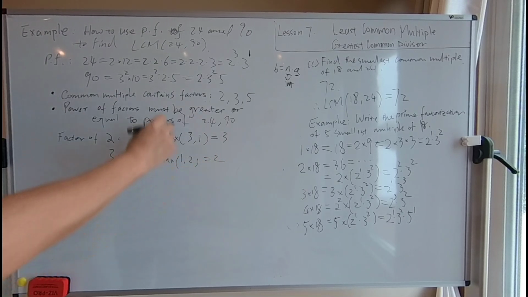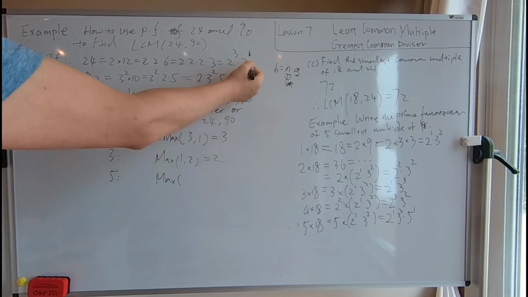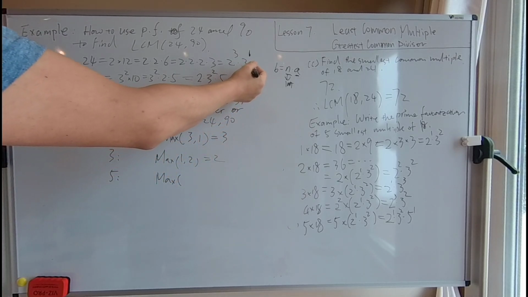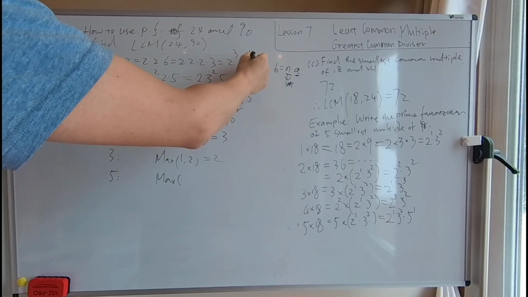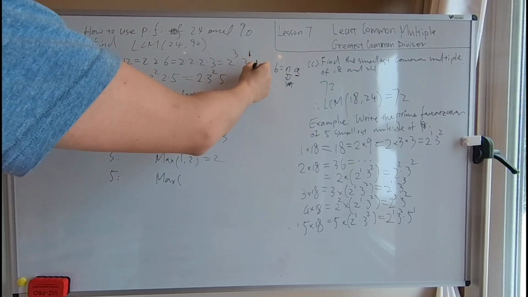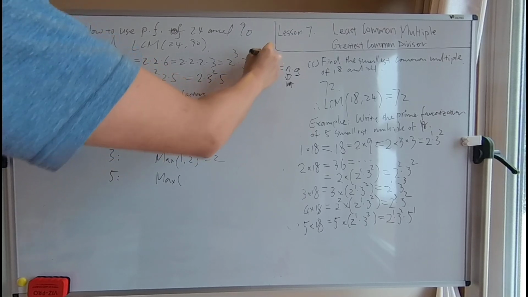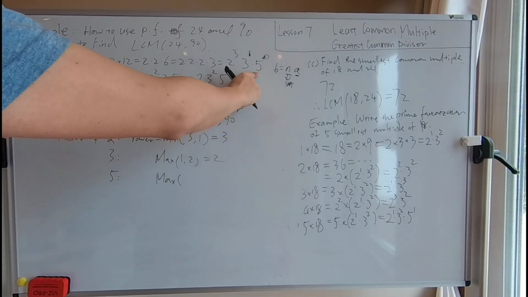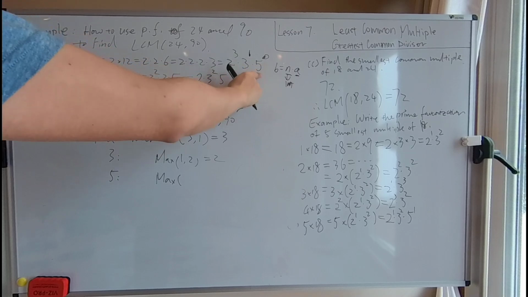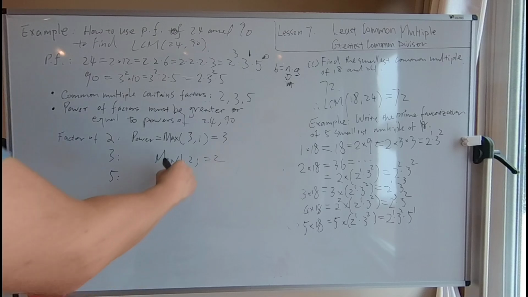And then lastly, factor 5 is also a factor, and the power is the maximum between, well, I don't have a 5 in 24. So how do I take the power of 5 there? It's equivalent to multiplying by 1, and 1 is any number to the 0th power. If you don't have a factor of a certain number, it's equivalent to having that factor with power 0.